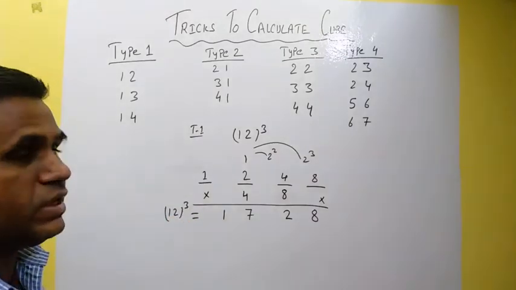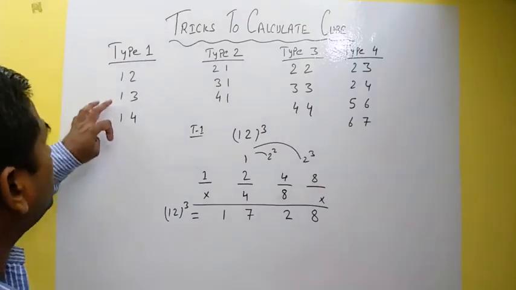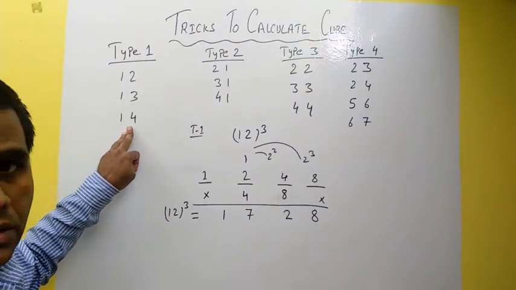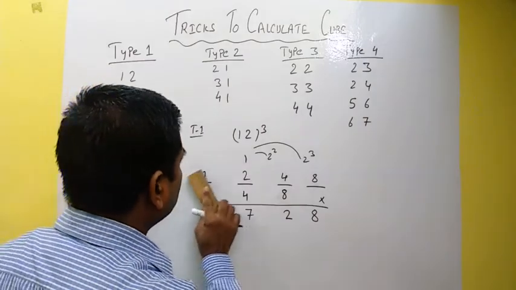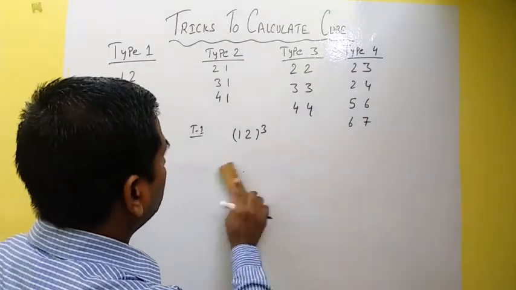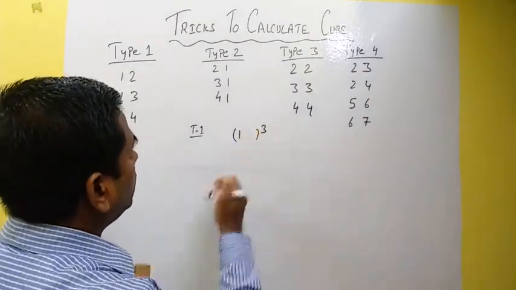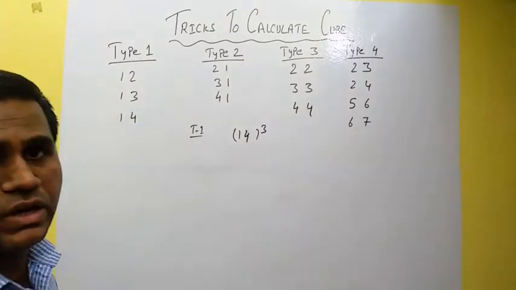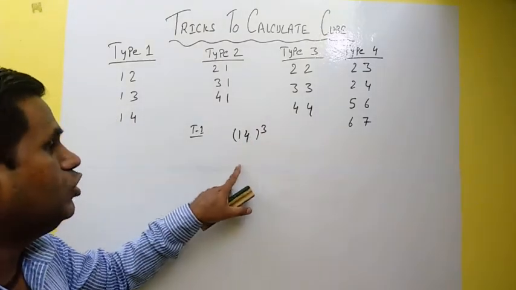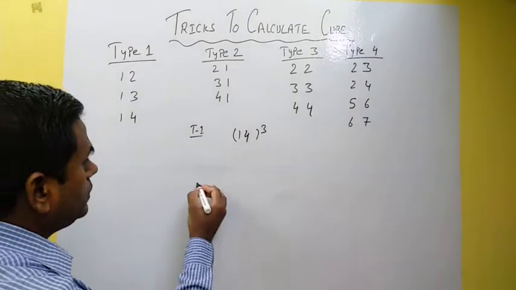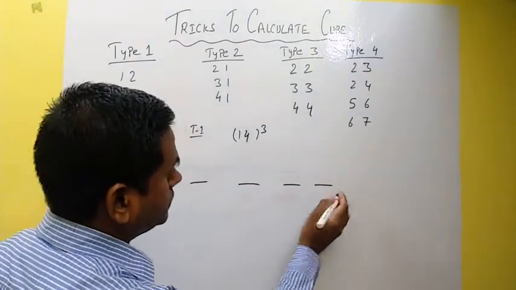Now let us solve another example, friends. We will take 14 in the next example. So I'll rub this out. From type 1, I'm solving another example, calculating the cube of 14. Same way, 4 digits.